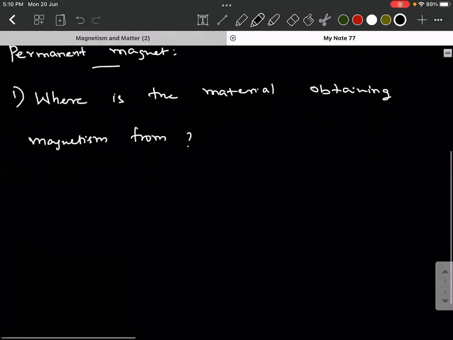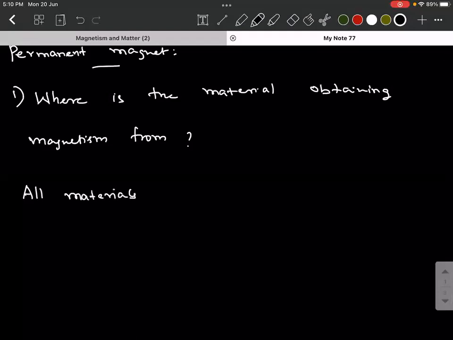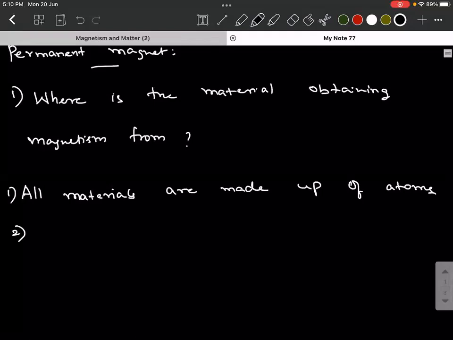It is because all materials in this world are made up of what? Yes. All materials are made up of atoms. Okay, that is the first point. The second point that we need to make a note of is that atoms consist of protons and electrons, means they have charges.